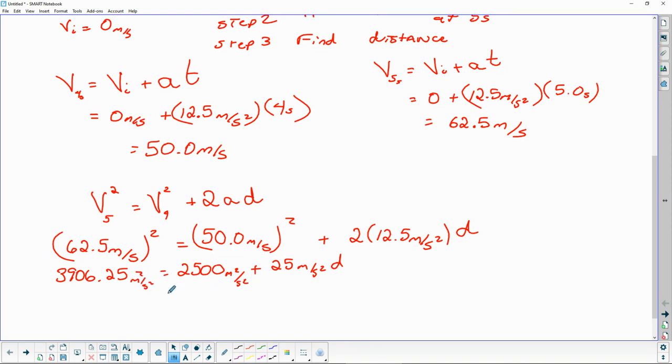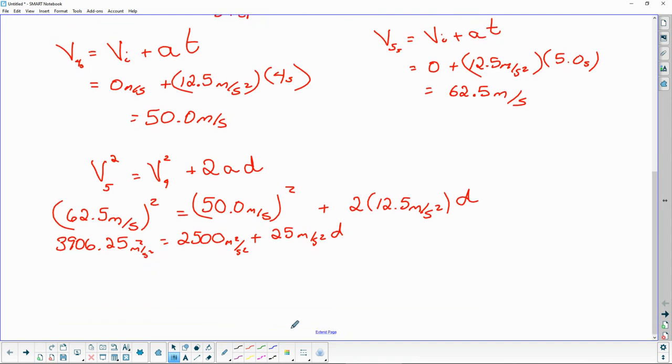Okay, and then we're going to subtract the 2,500 from both sides to get 1,406.25 on the left, meters squared second squared, equals 25 meters per second squared d.